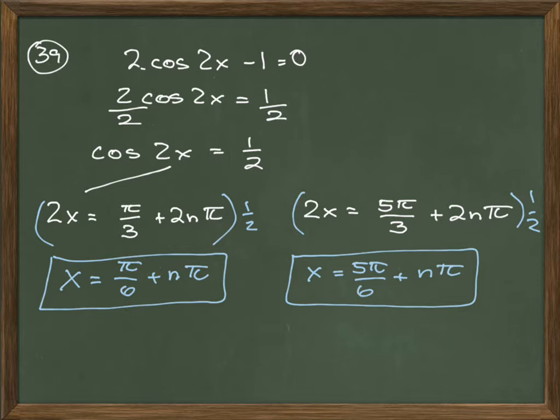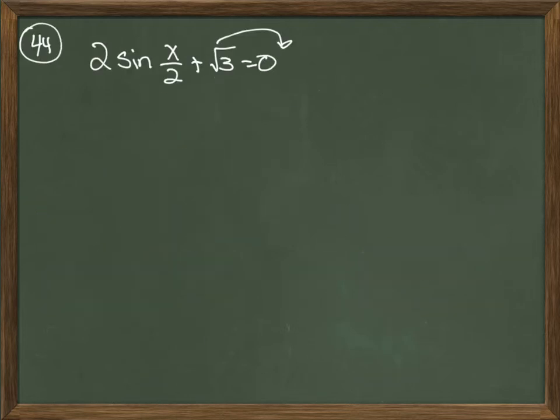Let's go back to, not this one, but 44. 2 sine x over 2 plus square root of 3 equals 0. Now what?